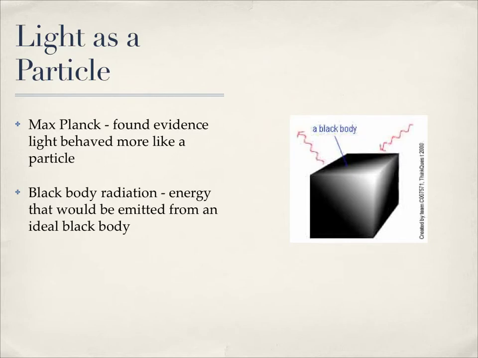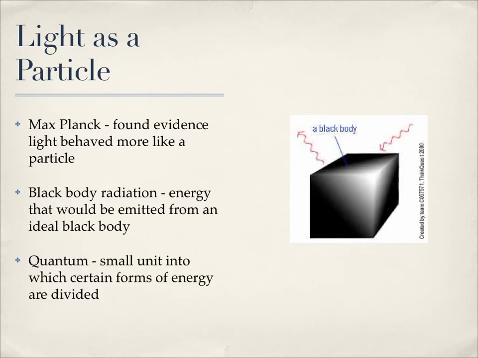You get it in these very discrete amounts, these small units. And usually if we're talking about light, we use the word photon. So quantum or photon, in terms of light, those two words are interchangeable. You wouldn't use photon for anything but light.